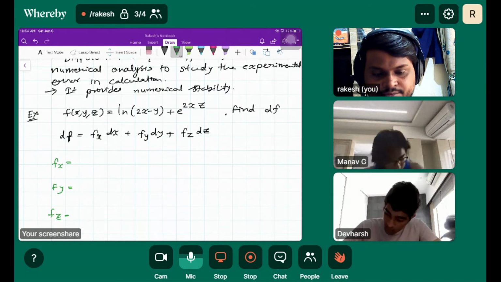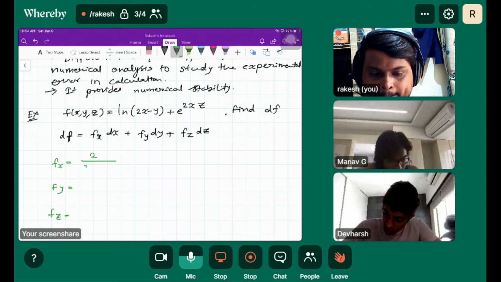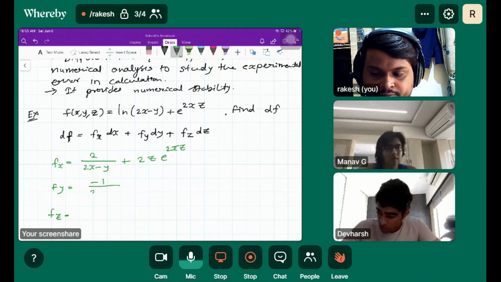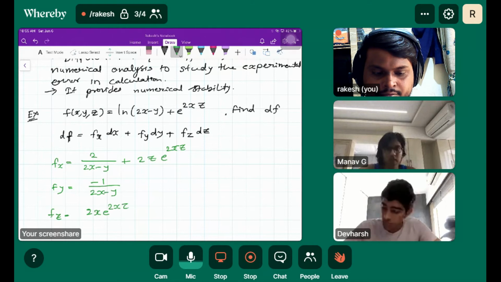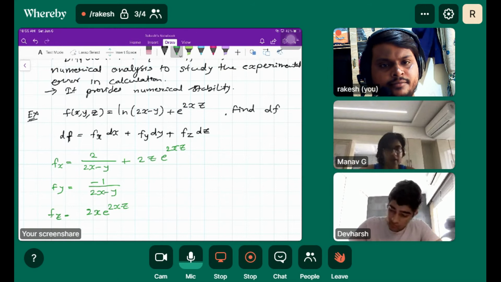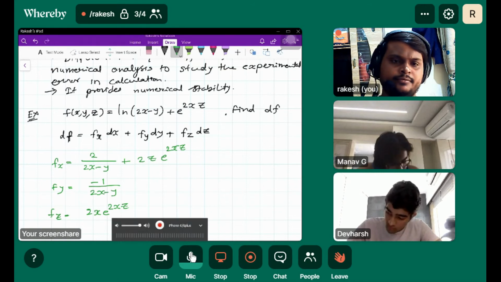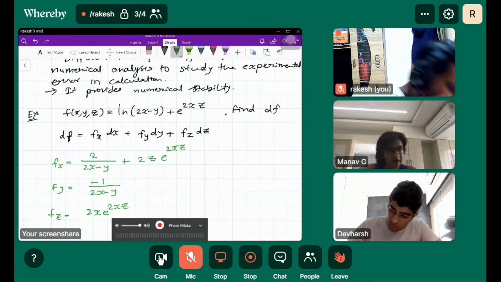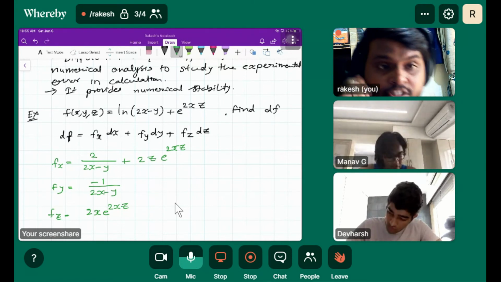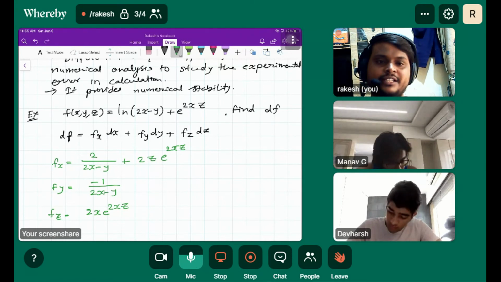I'll just write down the answer. It's the same logic, right? For fx, we just differentiate with respect to x, keeping y and z constant.